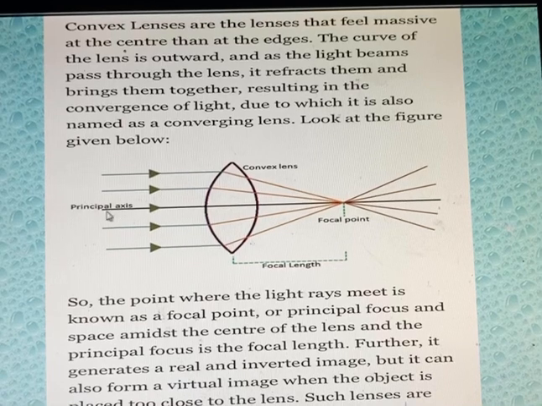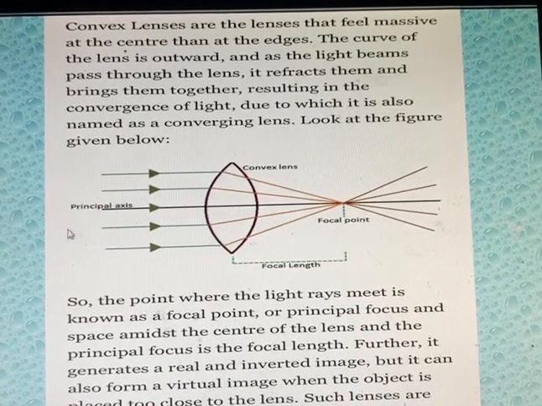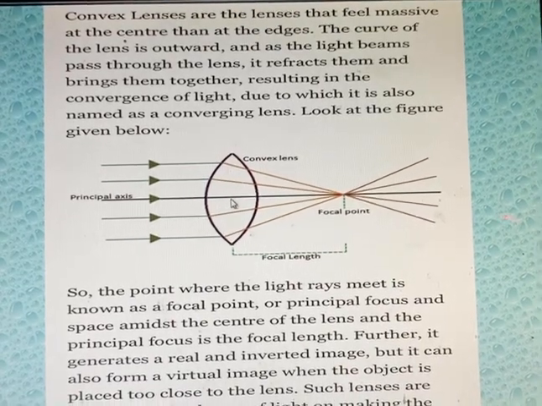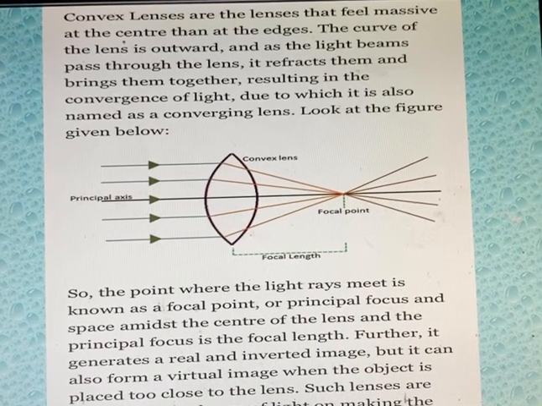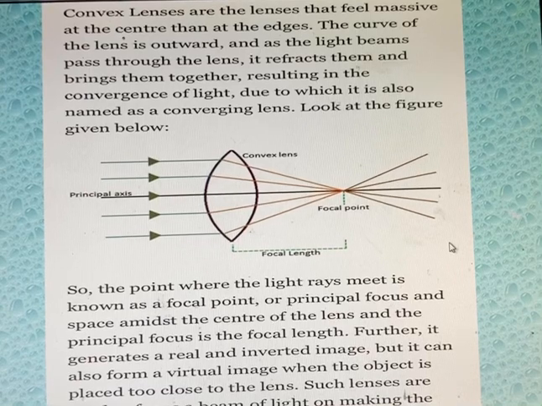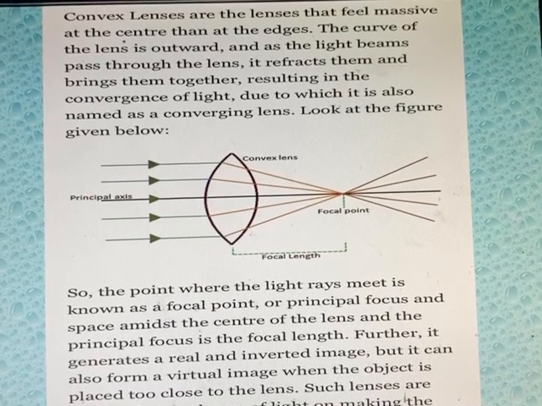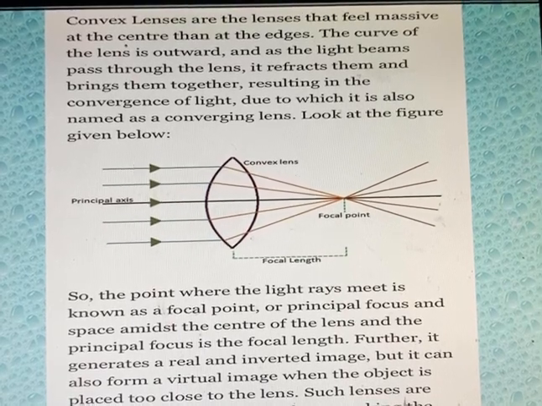And the principal axis of the light rays is here, which doesn't change its direction. The point where the light rays meet is known as the focal point or principal focus, and the distance from the center of the lens to the principal focus is the focal length.